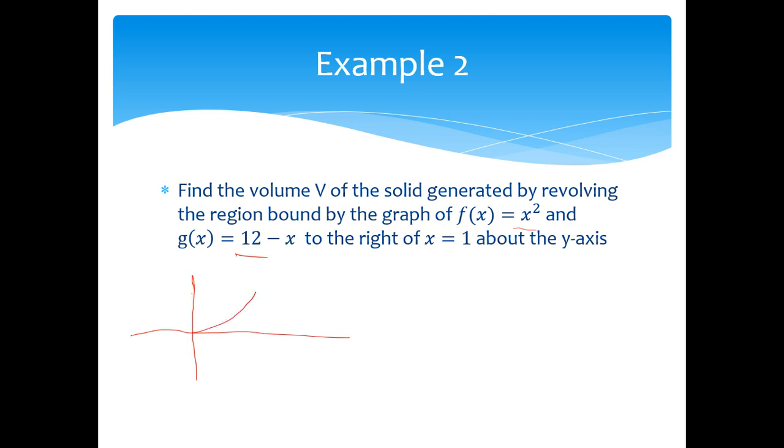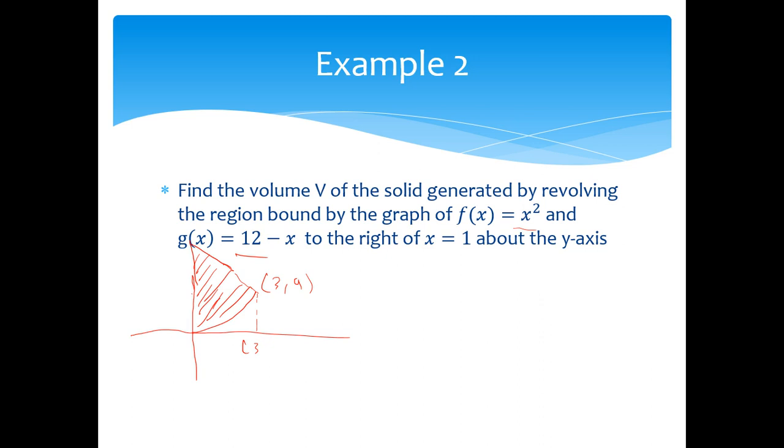This is a straight line, and both of them intersect at x equal to 3. Then when we plug in, y is going to be equal to 9. So this is the region we need to revolve around the y-axis.